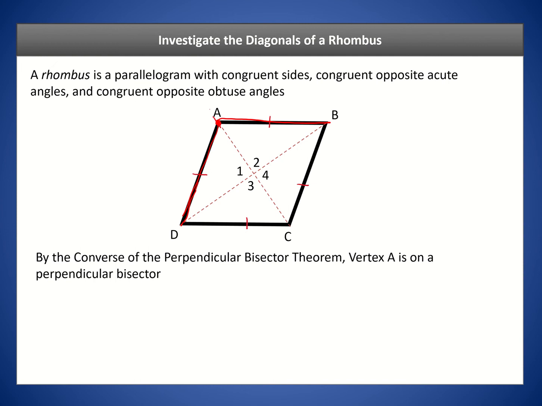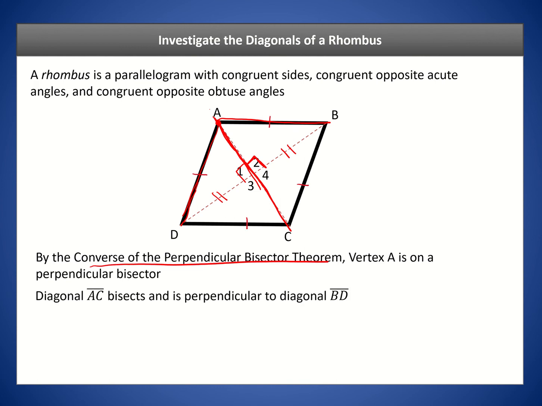In this case, the perpendicular bisector is AC. And if it's on a perpendicular bisector, that means it cuts this line segment in half, and it's perpendicular to that line. That proves that those are 90-degree angles by the converse of the perpendicular bisector theorem.